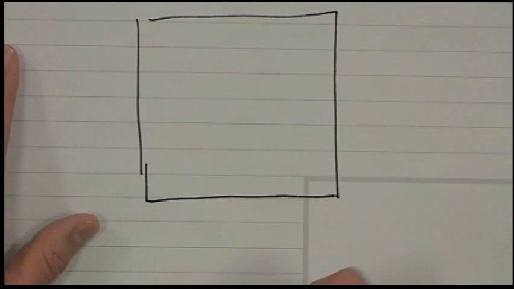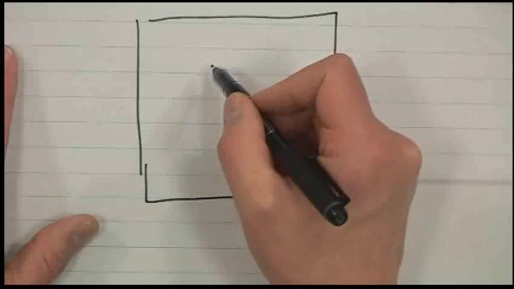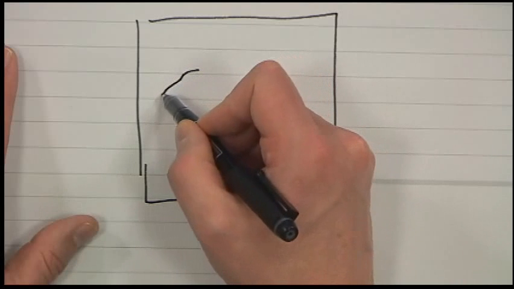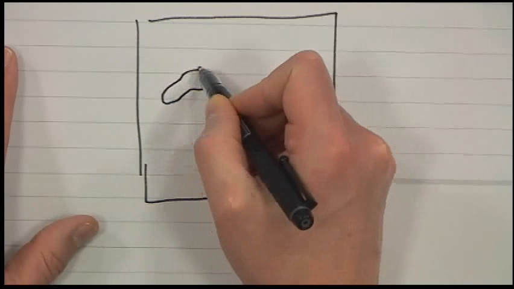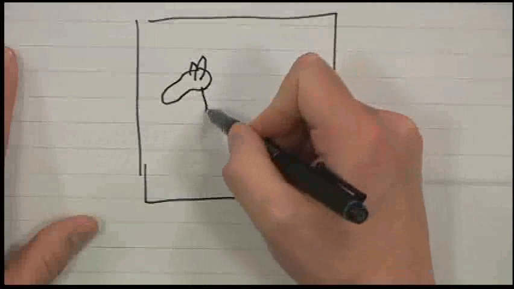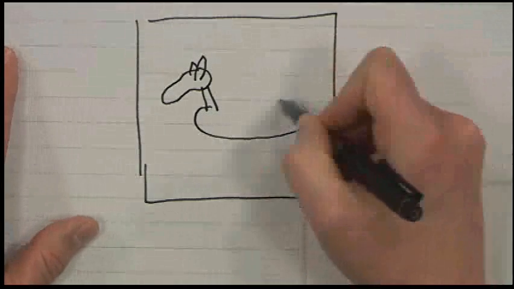You have some image, and let's say the image is, I don't know, it's got to be a dog, and this is going to be a great challenge for me. So this is a dog. Oh wow, I'm doing well. Let me see how well I do. That's a dog.